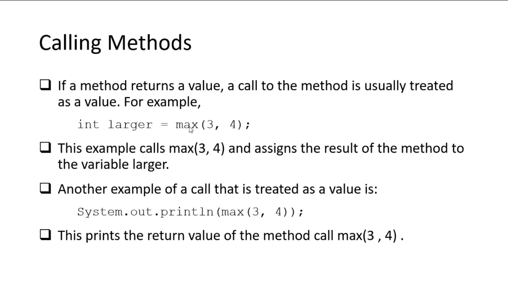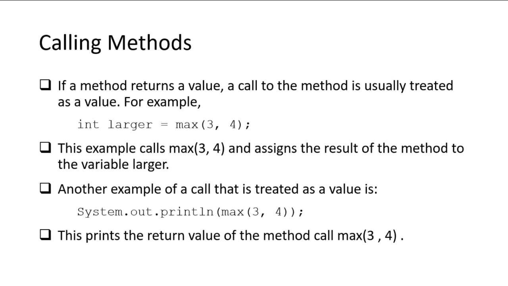Since max is returning a value of type integer, that returned value should be received by the calling program. In this example, in this line, it is assigned to another integer variable called larger. You don't have to store the returned value every single time.